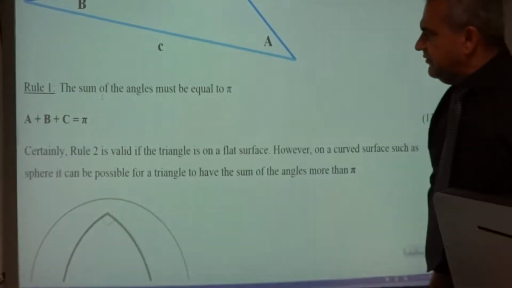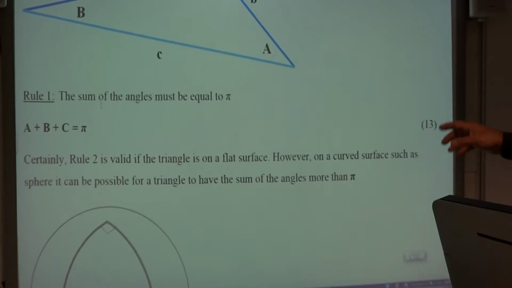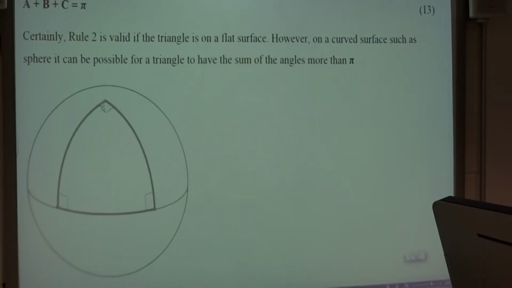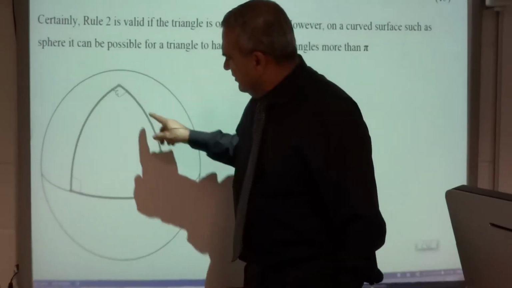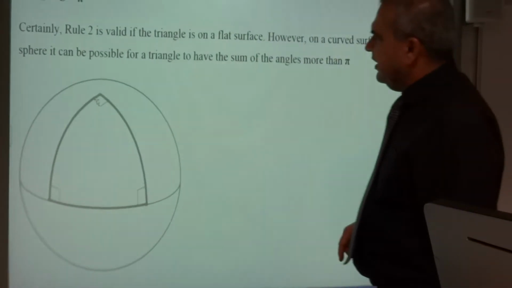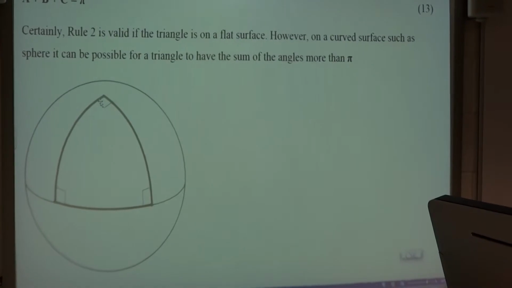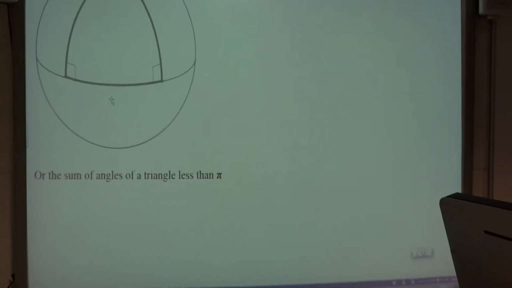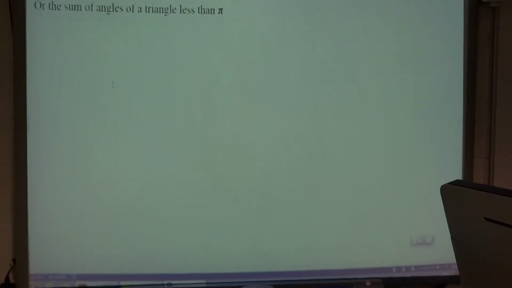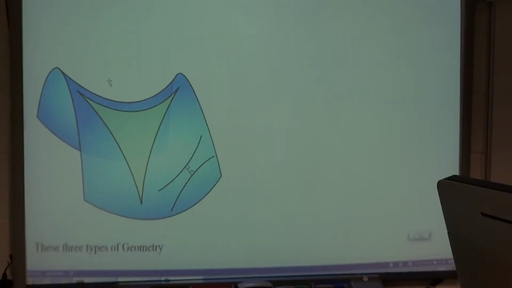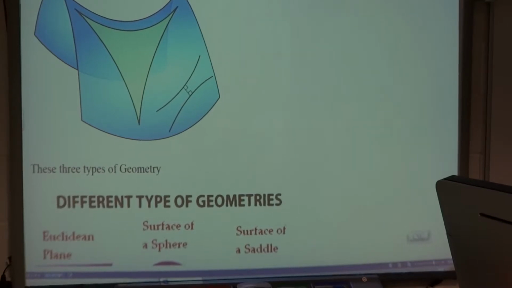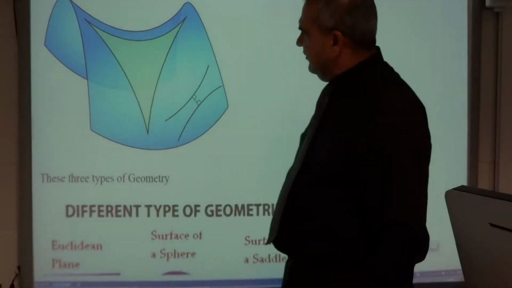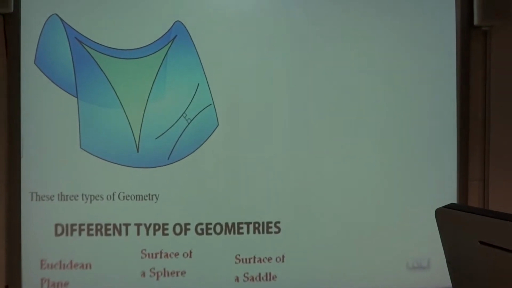It's valid on a flat surface, but on curved surfaces, like a sphere, if you draw a triangle, you will get more than 180, and in this type of surface, the sum is less than 180.